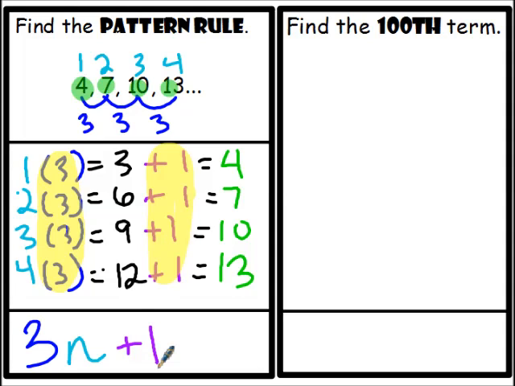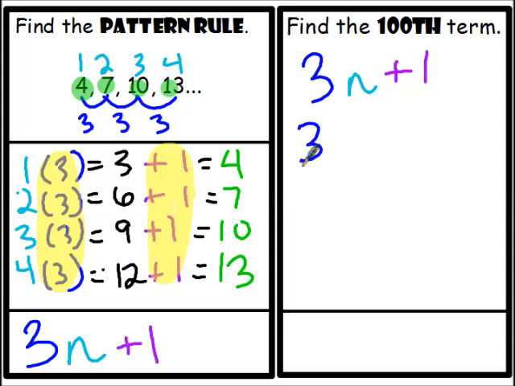Let's use this rule now to find out what the 100th number in the sequence would be. It's much quicker this way than if you had to write out a gap of 3 100 times. This will get you there much more quickly. So we have 3n plus 1 as our rule.